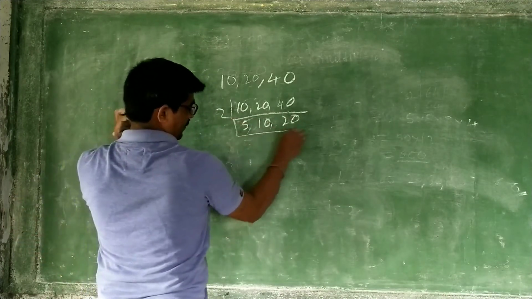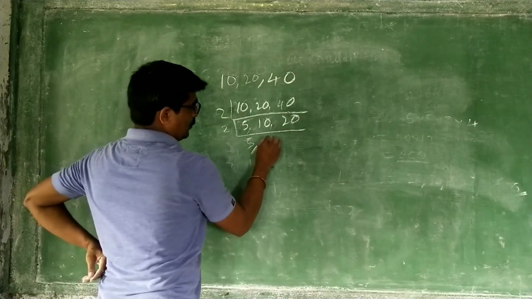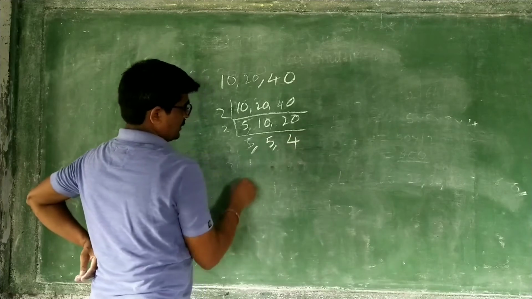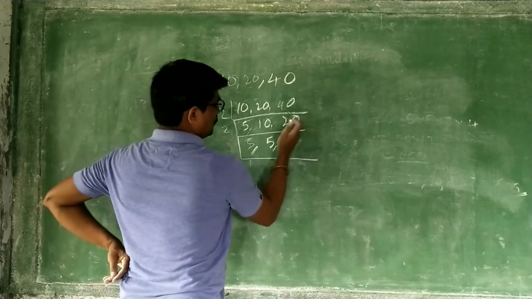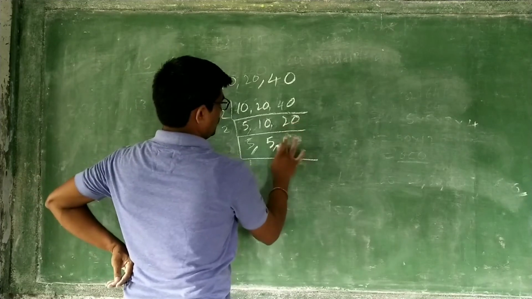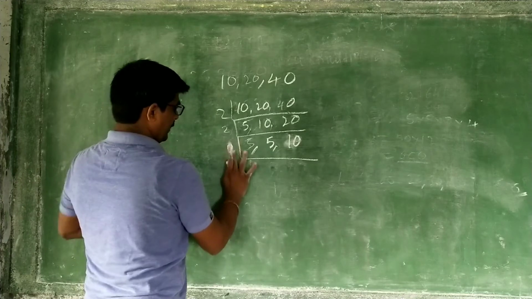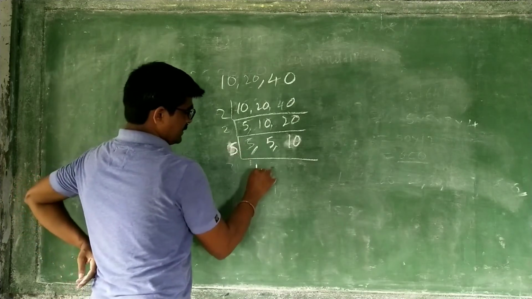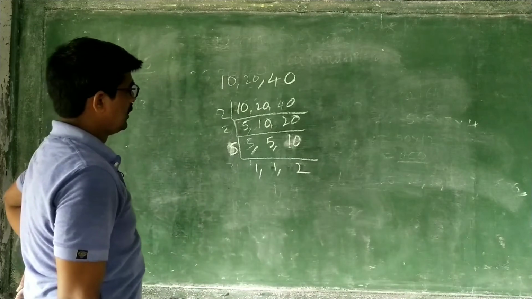Next again I am taking 2: 2 5s are 10, 2 2s are 4... then 2 and 10s. Next I am taking 5: 5 1s are 5, 5 1s, 5 2s are 10.